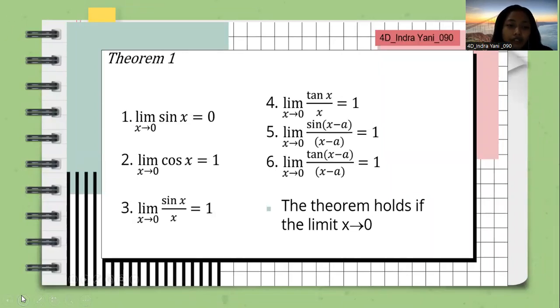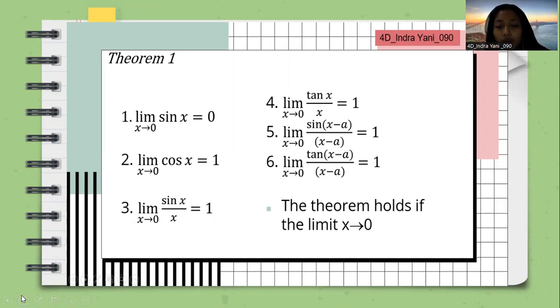The limit as x approaches 0 of sine x equals 0. The second is the limit as x approaches 0 of cos x equals 1. The third, the limit as x approaches 0 of sine x divided by x equals 1. The fourth is the limit as x approaches 0 of tangent x divided by x equals 1.